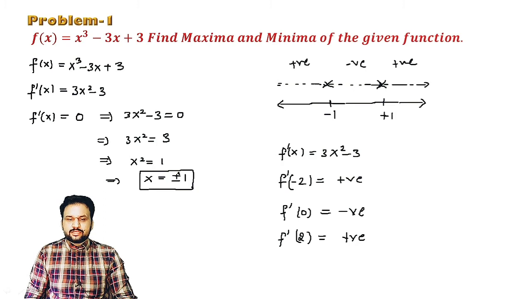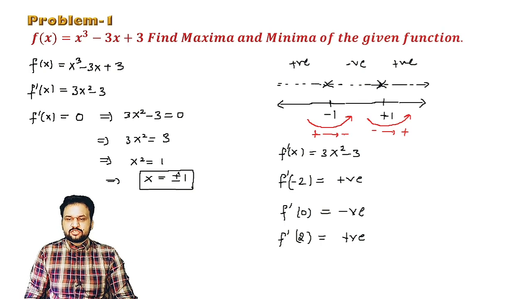So what is the rule actually? According to the rule, we have to check how your function's derivative changes from left to right, always, at this point. So I'm just moving from left to right. You can see it moves from positive to negative, and at this point it goes from negative to positive.